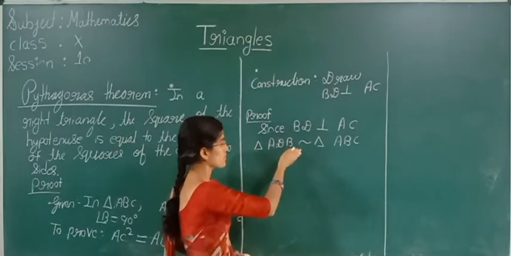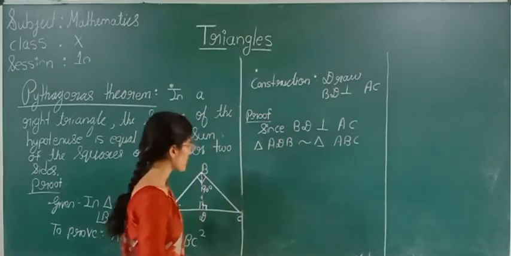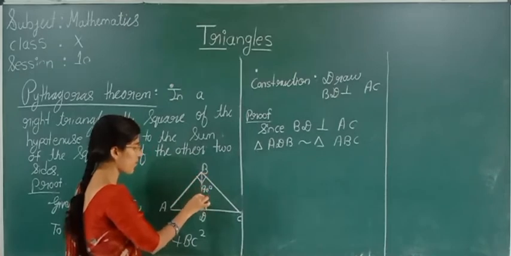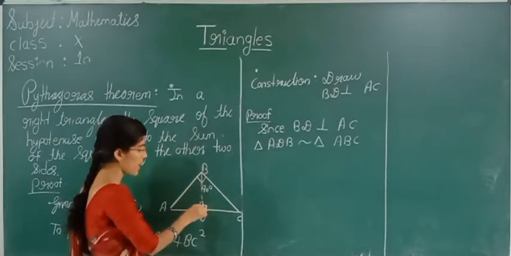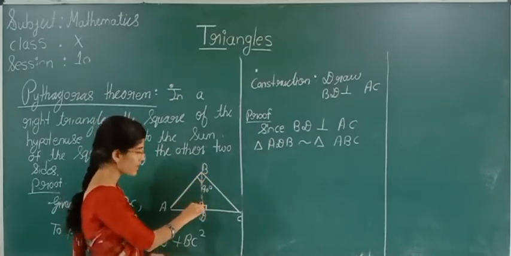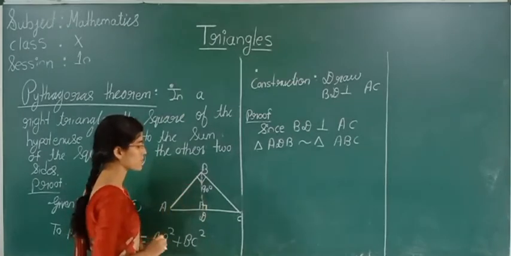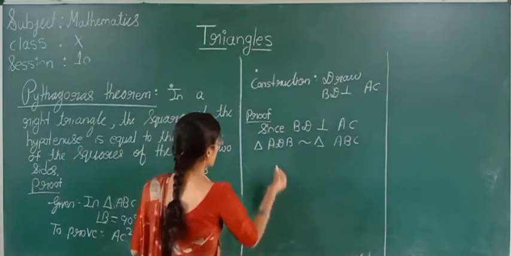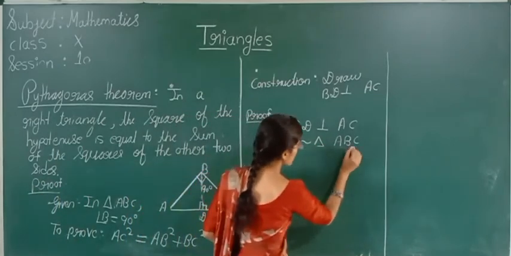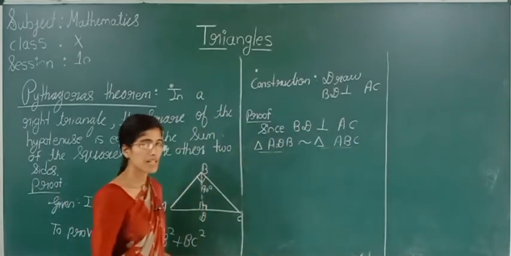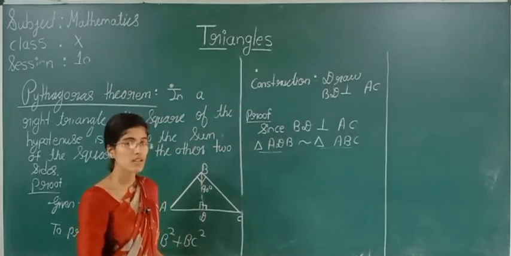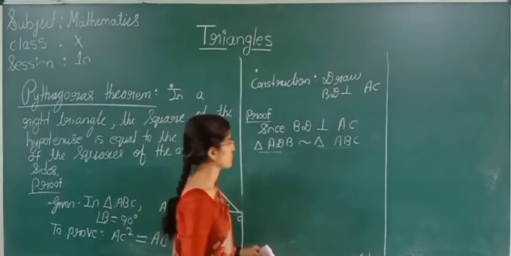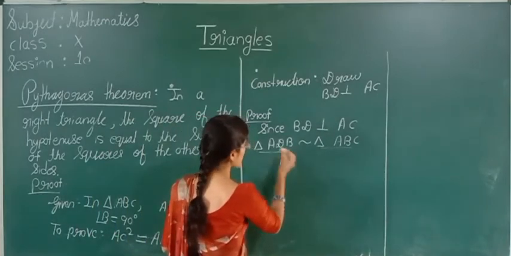Because we have to write the reason here. If two triangles are similar, their corresponding sides are in the same ratio. So what is the reason we can write here?